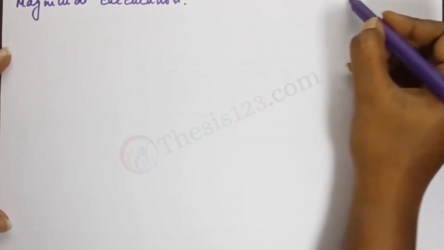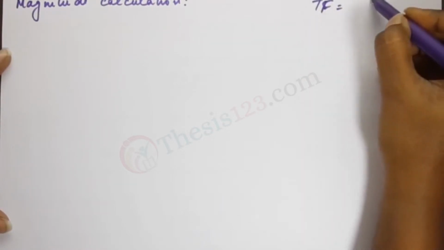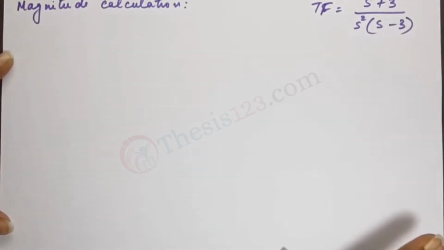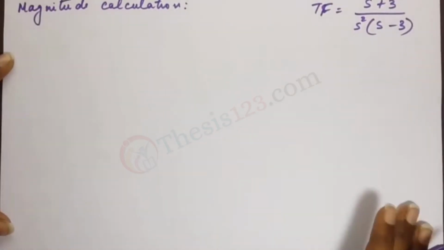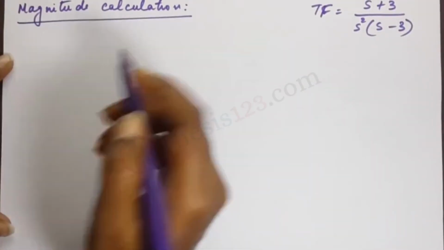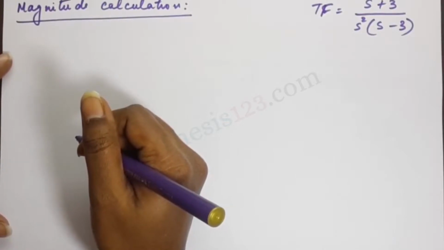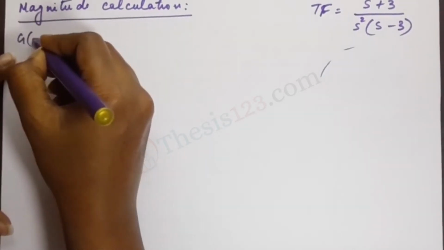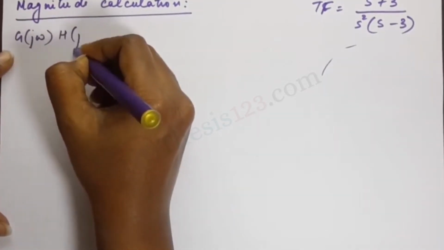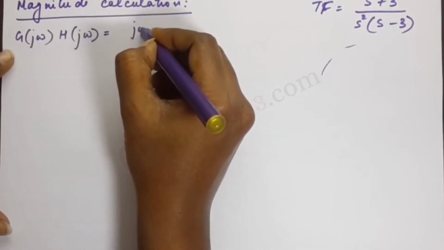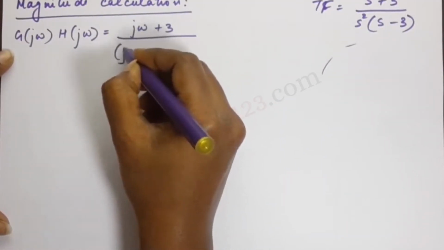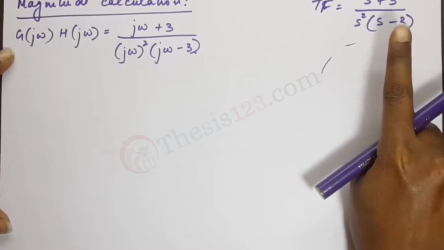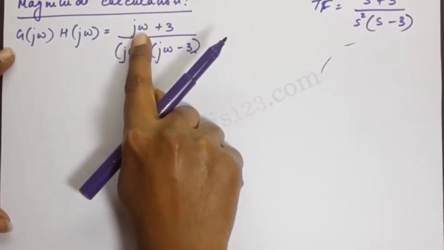Let me write down the transfer function: (s + 3) / (s² (s − 3)). This is what has been given to us. For the magnitude calculation, we start with replacing s with j omega. So we have G(jω)H(jω) = (jω + 3) / ((jω)² (jω − 3)). This is just the representation of s in terms of j omega.